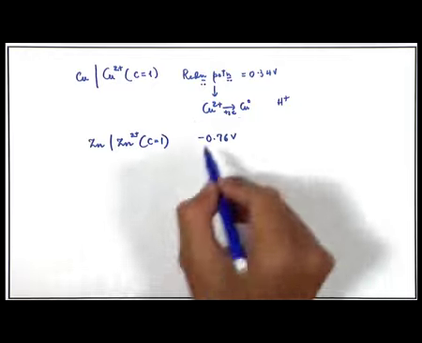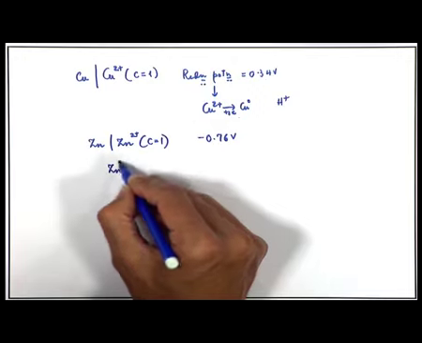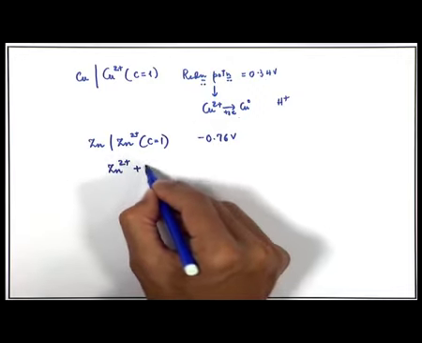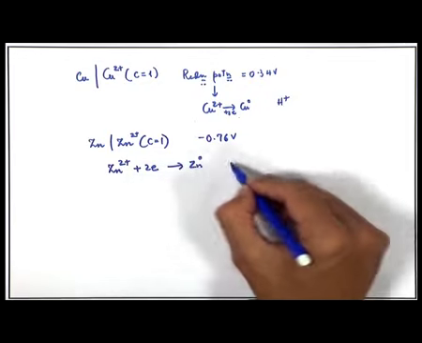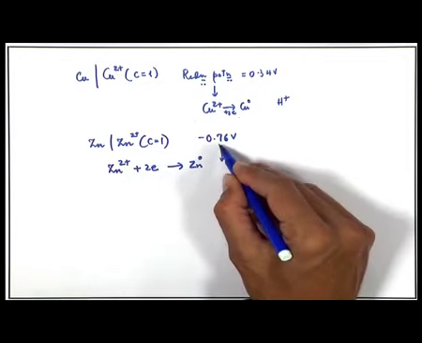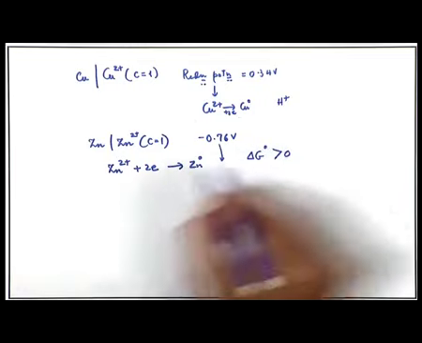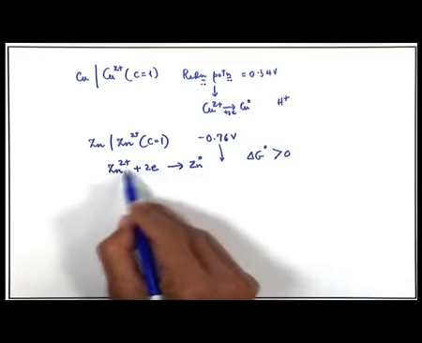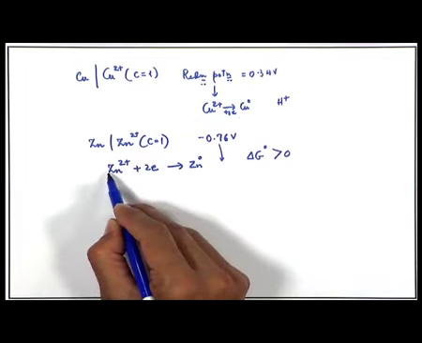We are representing the reaction Zn2+ plus two electrons giving zinc 0. The value is negative, meaning the corresponding delta G 0 is positive. So the way it is represented, this is not a spontaneous direction, but the reverse is.